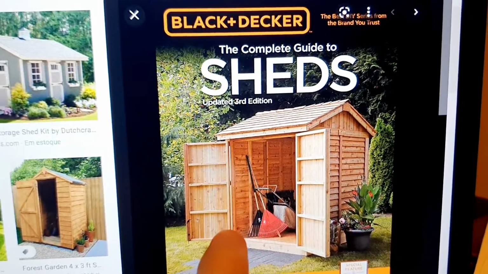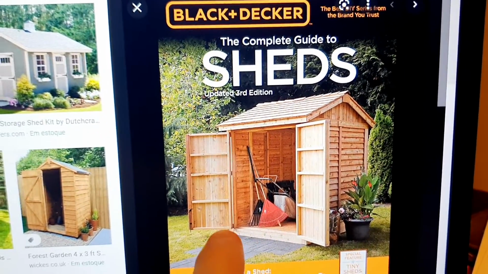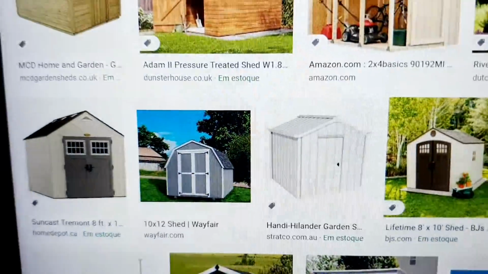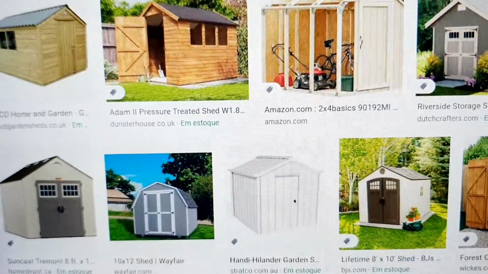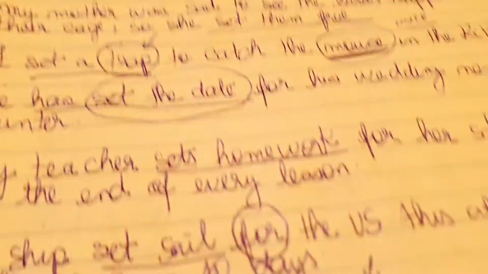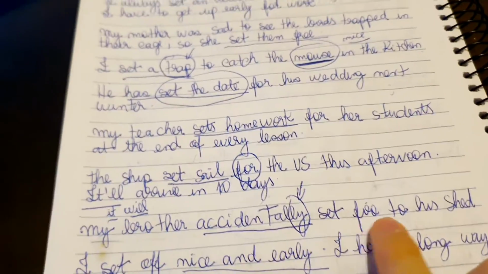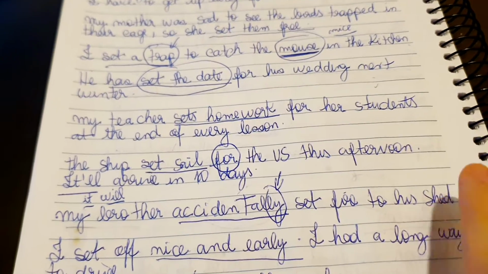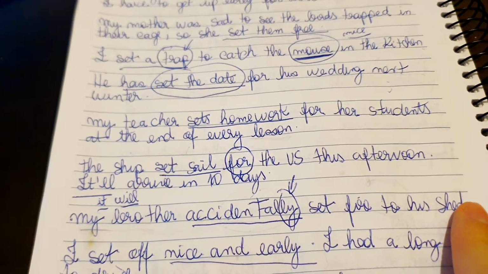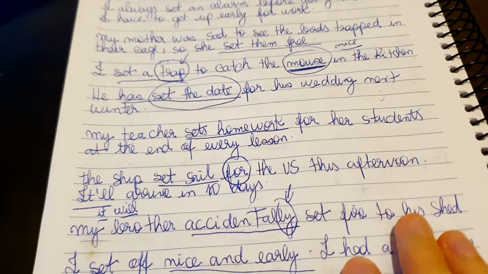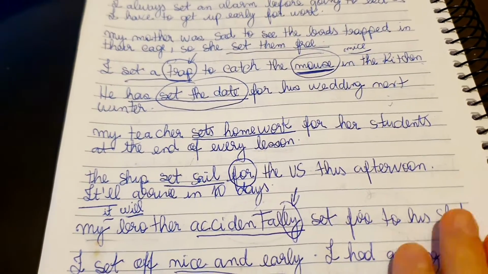The complete guide to sheds, Black & Decker. It's very common to have sheds in the US, you see? Different types of sheds. So I'm saying here that my brother set fire to his shed, so he had to call the fire department. They had to call someone to put out the fire, okay?